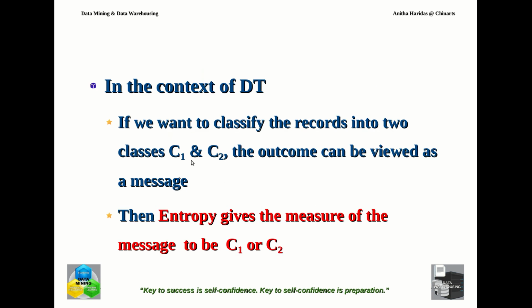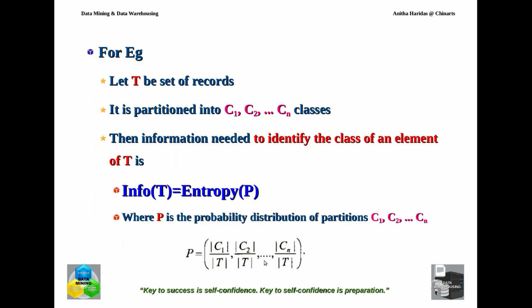Now in the context of decision tree, if we want to classify the records into two classes, C1 and C2, the outcome can be viewed as a message or the information. Then the entropy gives the measure of this particular information to be C1 or C2.